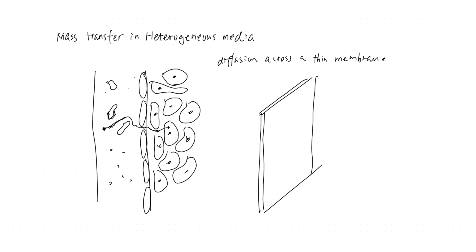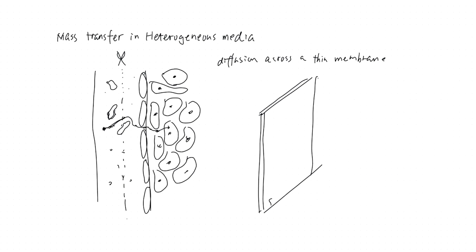If you cut the epithelial wall with scissors and flatten it out, you basically get a membrane like this, with some surface area.